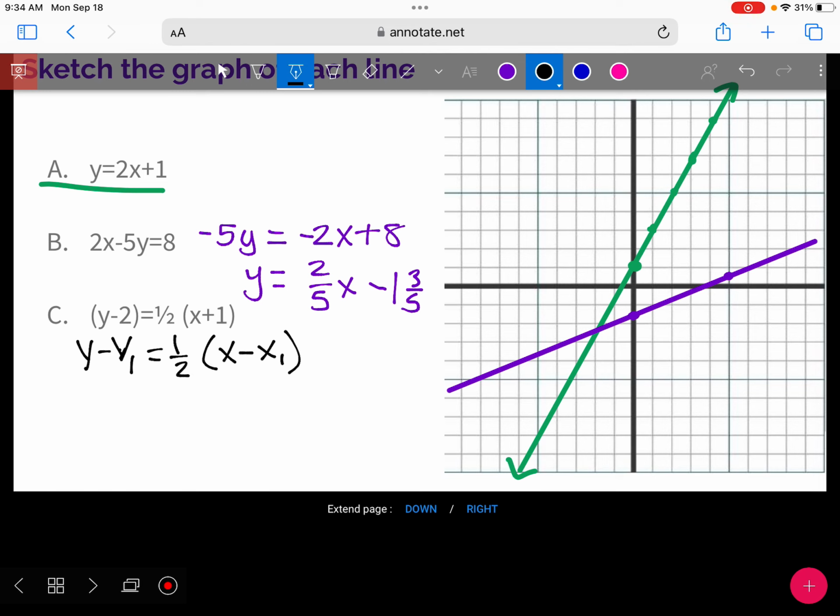So what is the x1 value? -1. What is my y1 value? +2. So this is starting at the point -1, +2. What's my slope? 1/2. Up 1 over 2. Up 1 over 2.